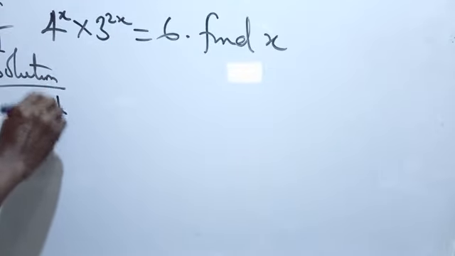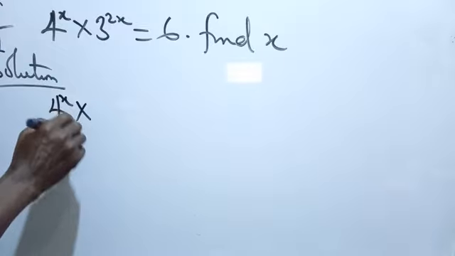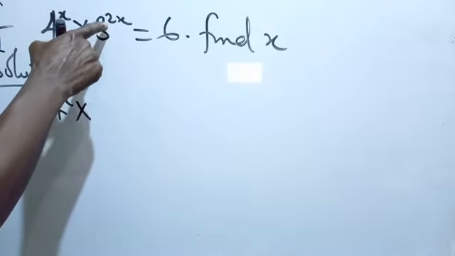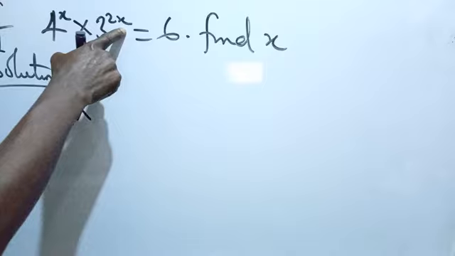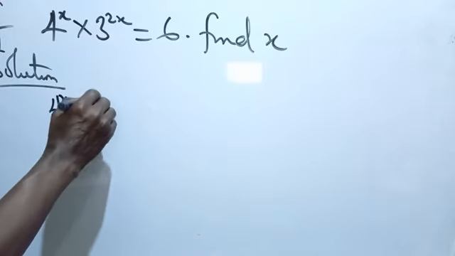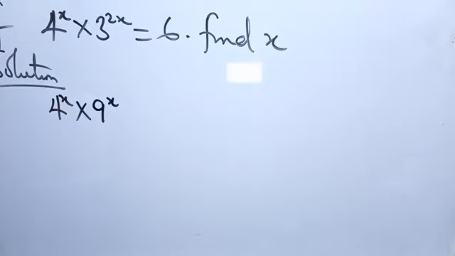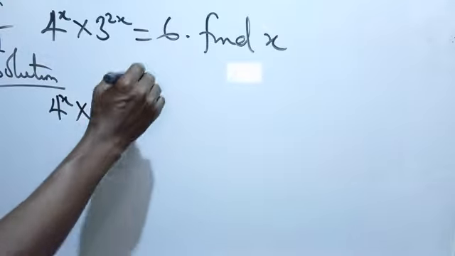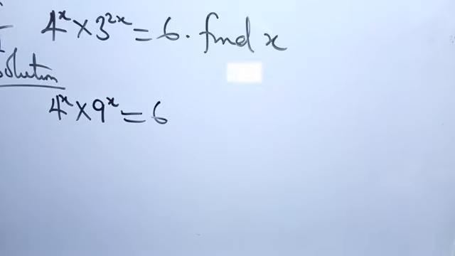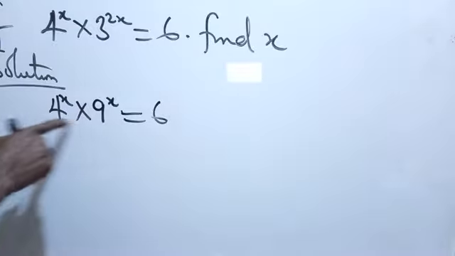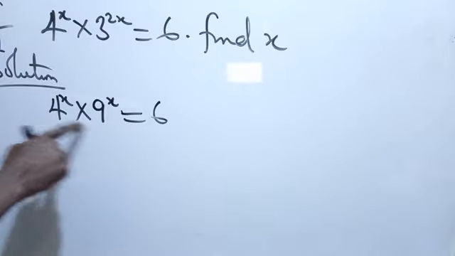Fine. Let's do it like this. 4 raised to the power x times 3 raised to the power 2x could be written as 9 raised to the power x, equals 6. I hope that's understood. Now, since they have the same exponent, you can multiply out.